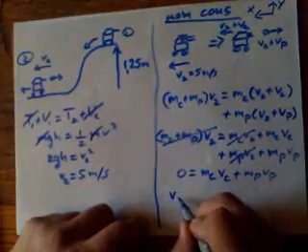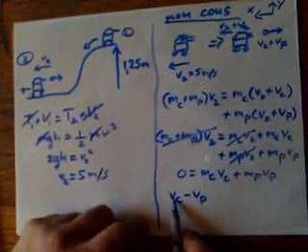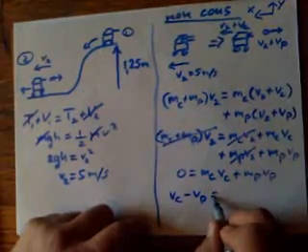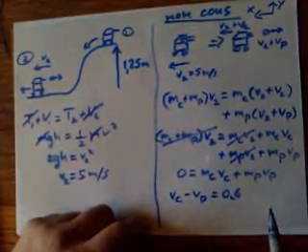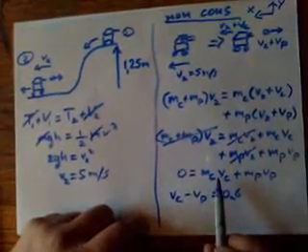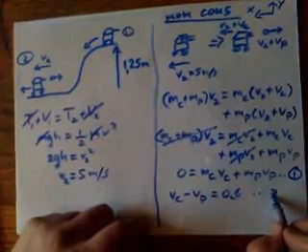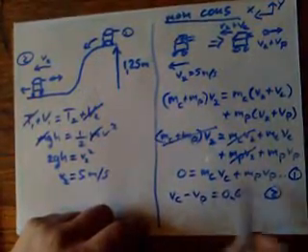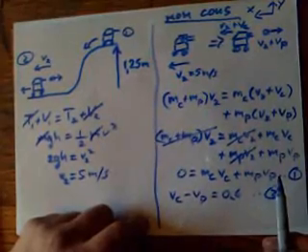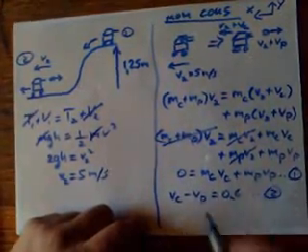So I'm going to say that VC minus VP, the velocity of the kart minus the velocity of the projectile, is equal to 0.6. So now I've got two equations with two unknowns, VC and VP. Now the rest is quite easy. I just solve for VC and I put it into the equation.